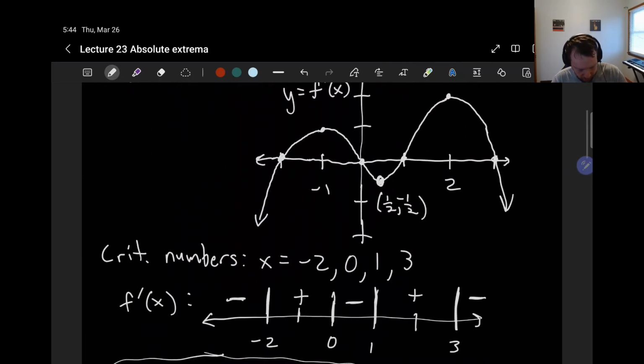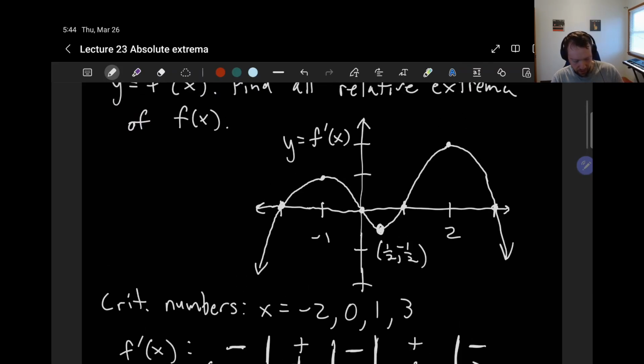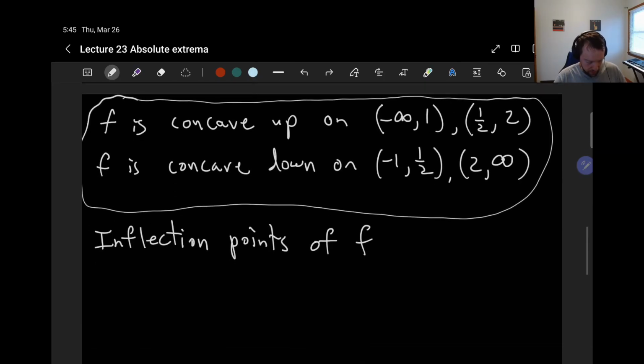Right, we changed from concave up to concave down here, and at all these little points. Notice that it's happening at the relative extrema for this graph, f prime. All these high points and low points. That's kind of interesting. Again, it's where the concavity is changing.